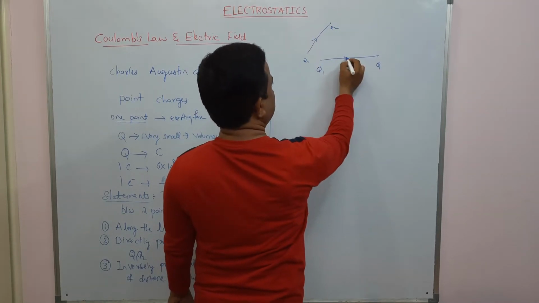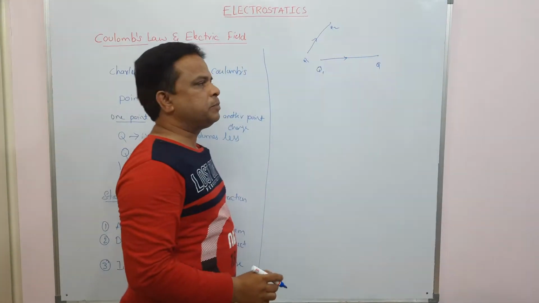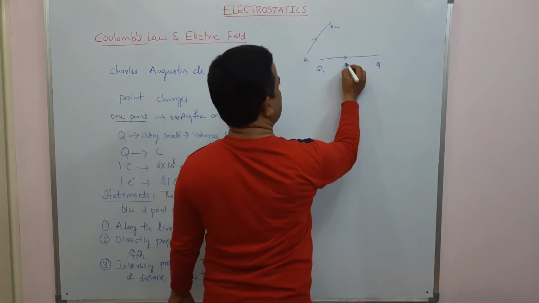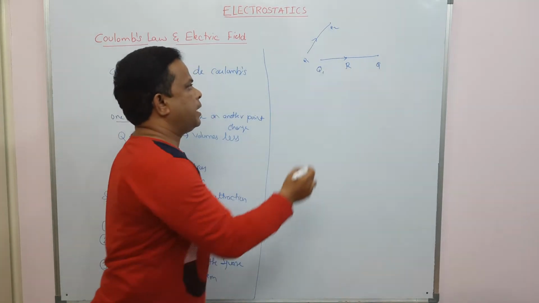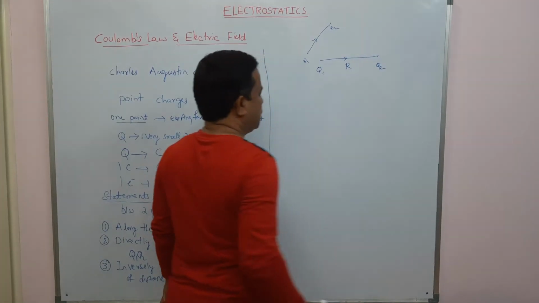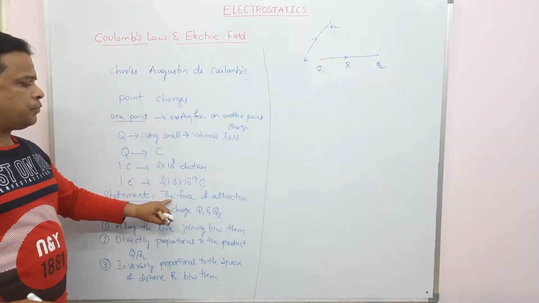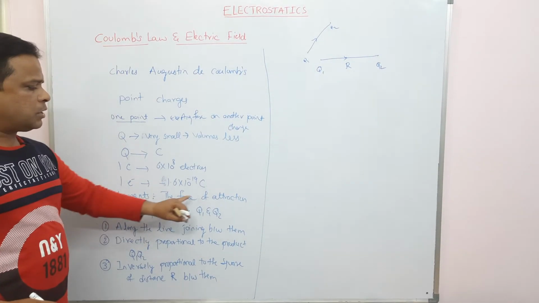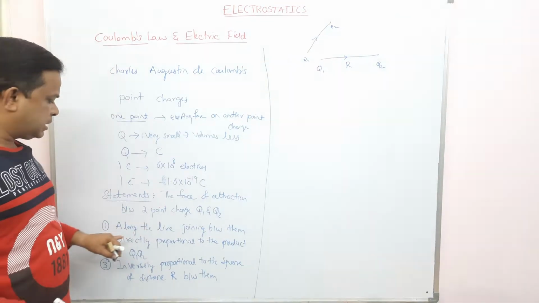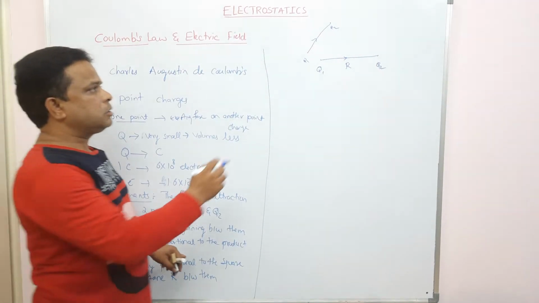So I am taking the distance between the 2 point charges as r, and Coulomb's law states that this is the force of attraction between the 2 point charges, that is along the line joining.